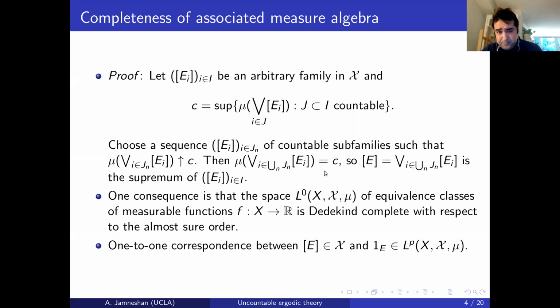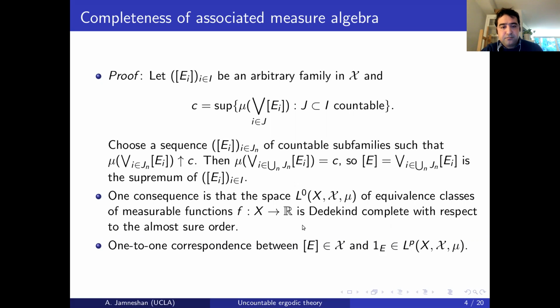And so now we can just set E to be the union of these countable families. And one can see that in that Boolean algebra, that union here is a supremum or the join of that family. Okay, so that means that any element E_i is contained in this E up to a null set.